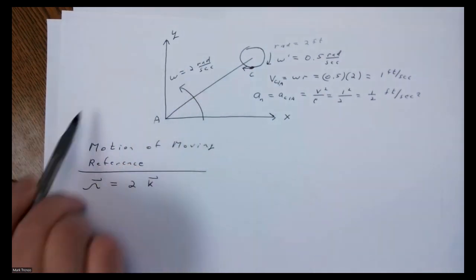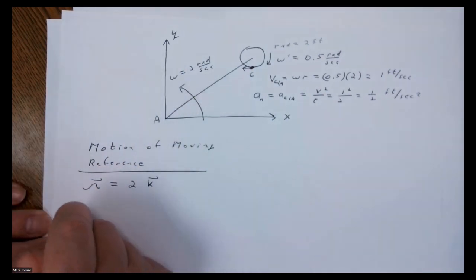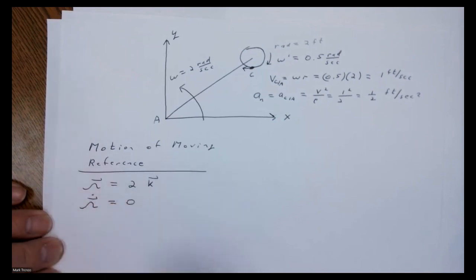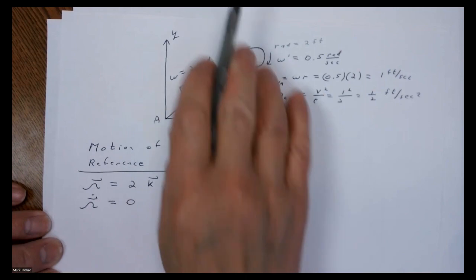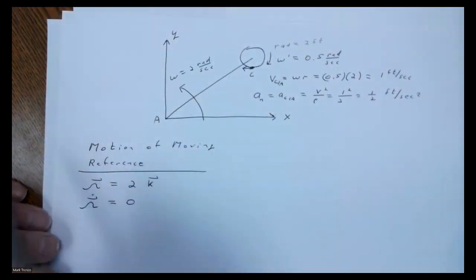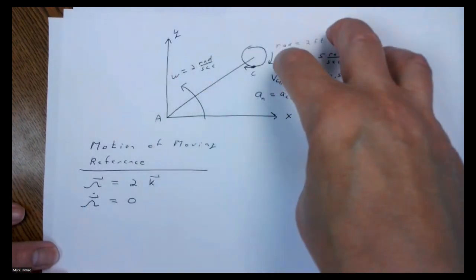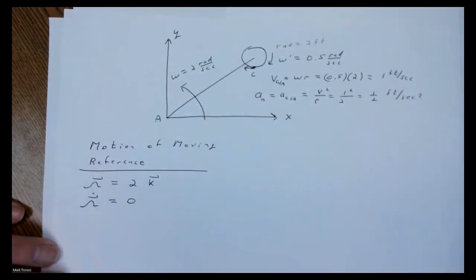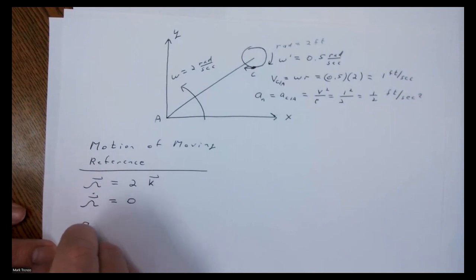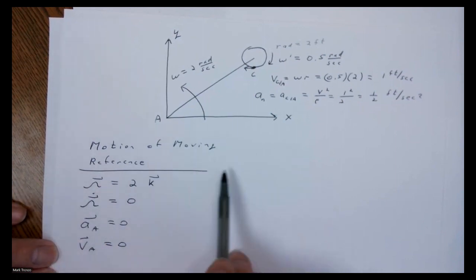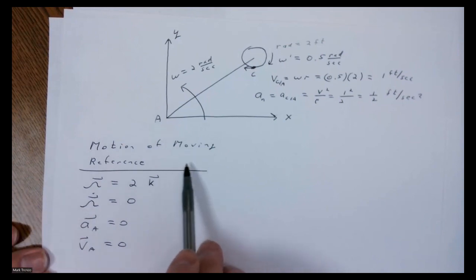Now, there's no angular acceleration of this whole body, so that's going to be 0. The center point of this whole system, the whole main body, is not moving vertically, horizontally, or anything like that. So that means the acceleration of A is going to be 0, and the velocity of A is going to be 0. So that's the main system we were looking at here.